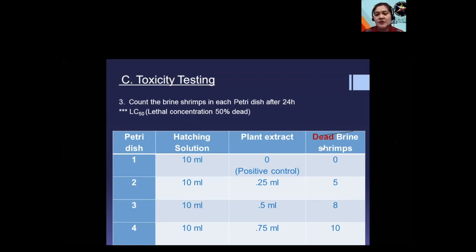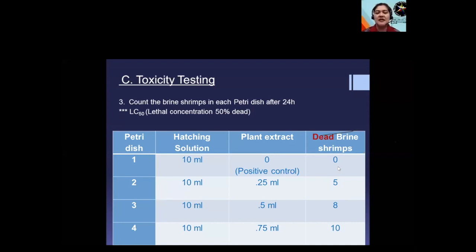Okay? So pagka ganito ang ating result, positive control to, 0 din. Nako, delikado. Ulitin ang buong experiment. Kasi ibig sabihin, pag nagkamali dito, hindi reliable ang iyong experiment. Okay?